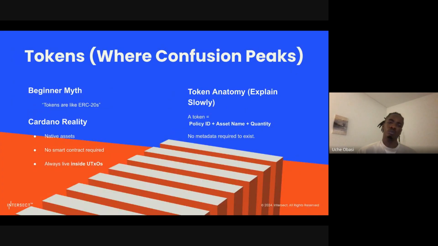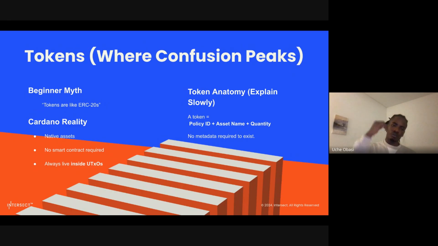And then the last but not the least is the tokens. Like I said, wallets is common because that's what everyone interacts with. CLI is more targeted towards developers. But tokens is where confusion peaks. That's what confuses people the most.